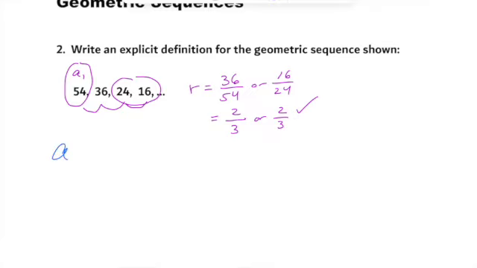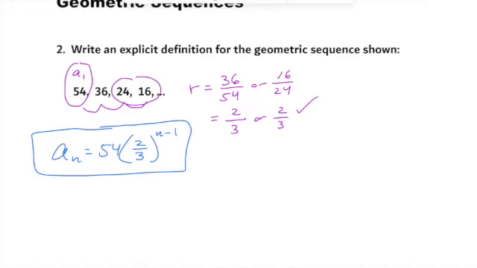And so here we go. a sub n will be that first term, 54, times your r value of 2/3, raised to the n minus 1. There you go. If you did want to use that other format, the ratio is still the same, 2/3, but if your exponent was n, then you would use the 0th term, what comes before 54.